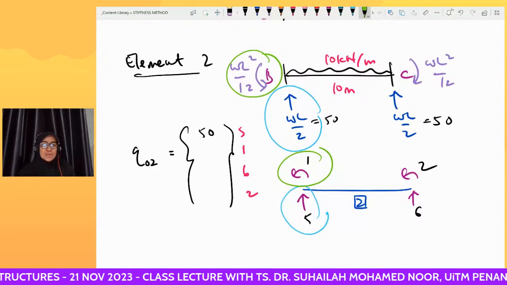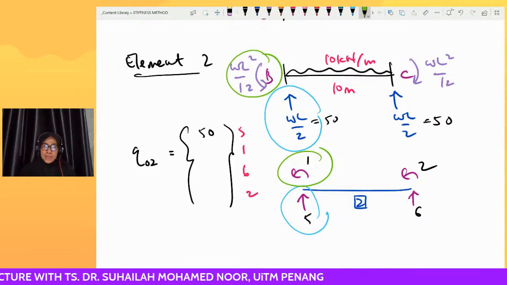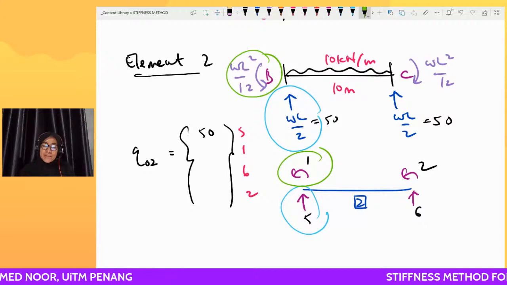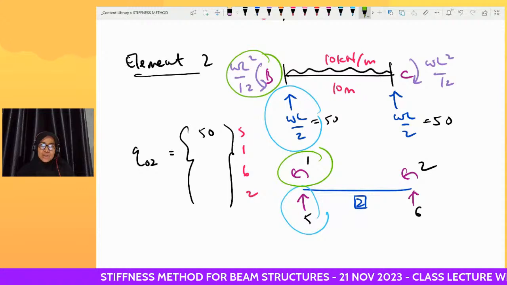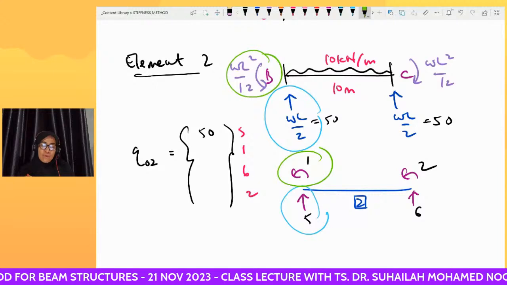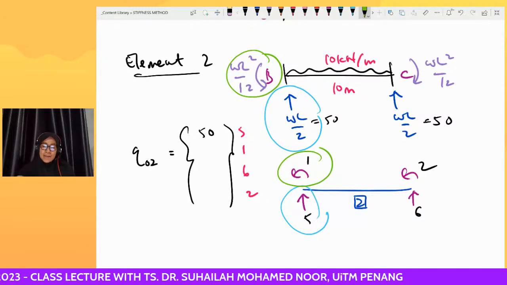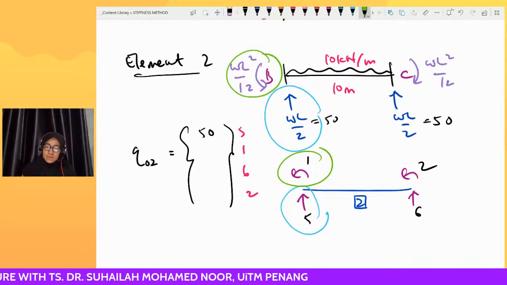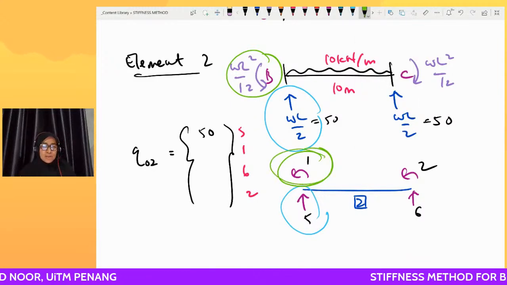We compare these two. For position 1, it is the moment WL squared over 12. However, the moment directions are opposite: the fixed end moment is counterclockwise, but the sign convention is this.